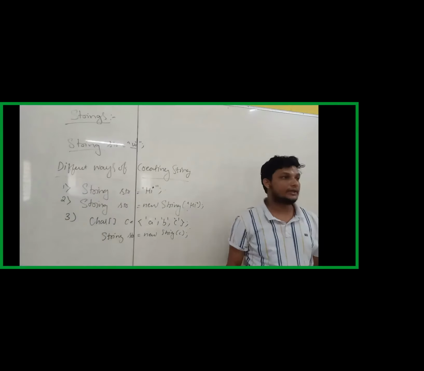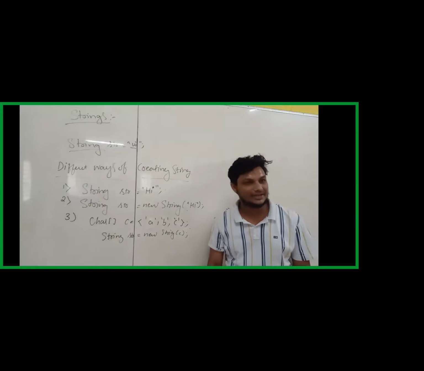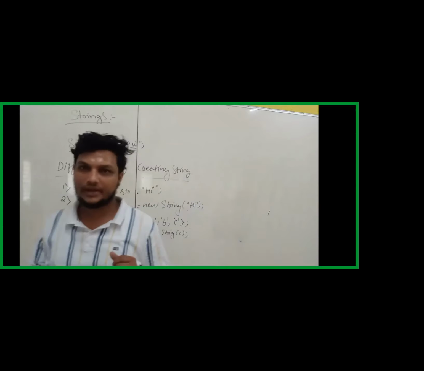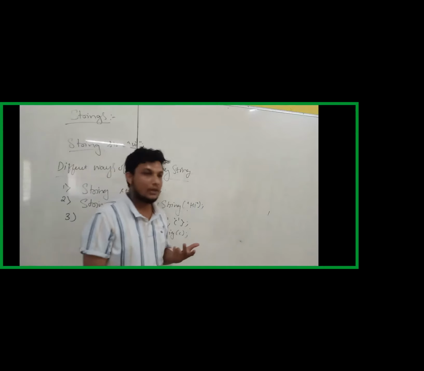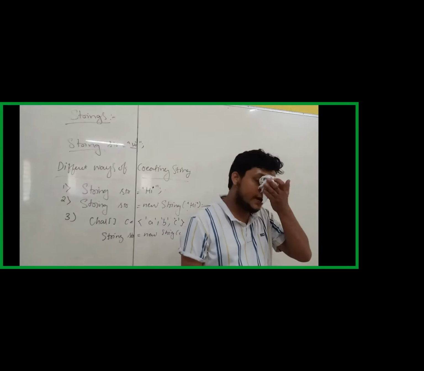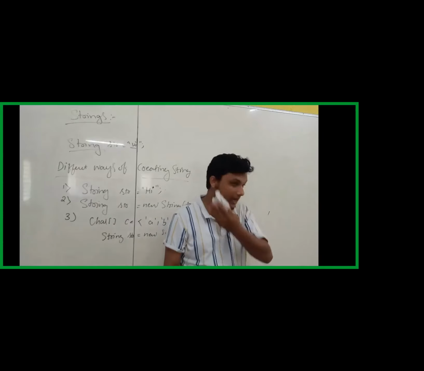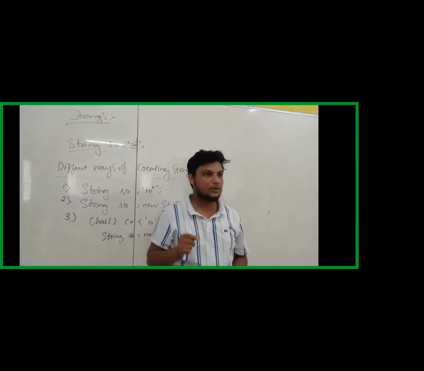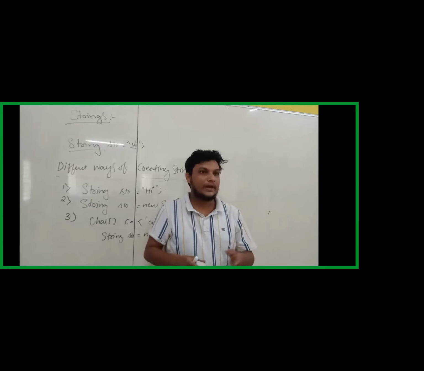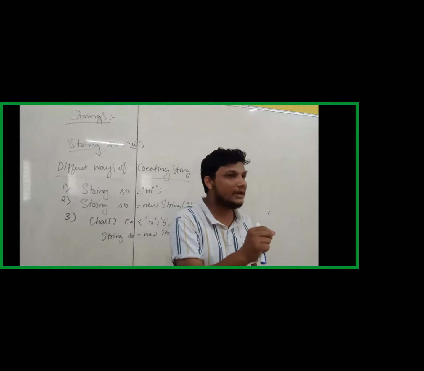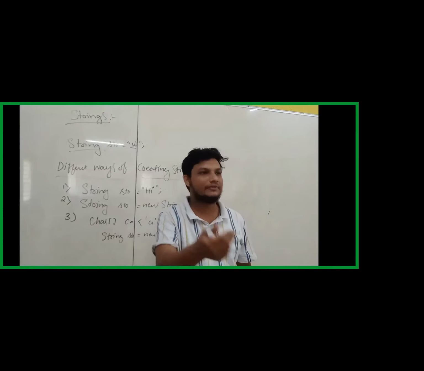A very important thing you should be aware of is that strings in Java are immutable. What is immutable? Once strings are declared in Java, you cannot modify the data. It will act like a final variable. What is a final variable? Once a variable is declared final, it will act as a constant and the value cannot be changed.